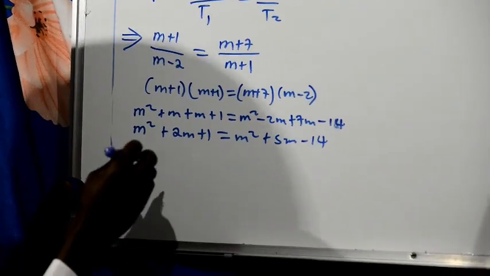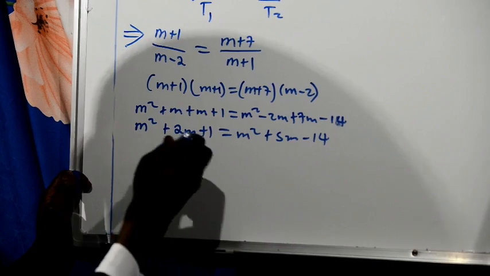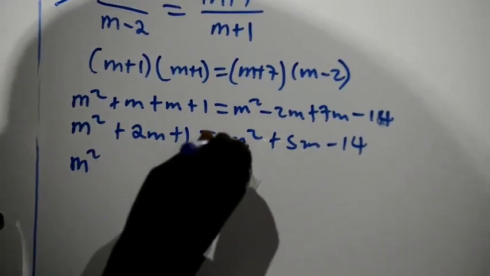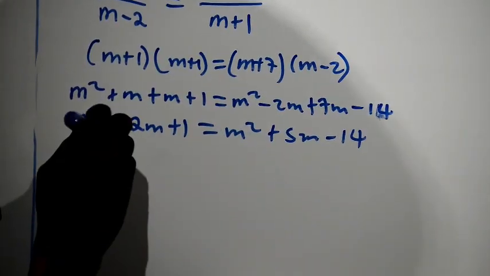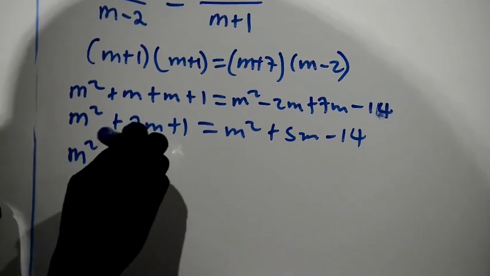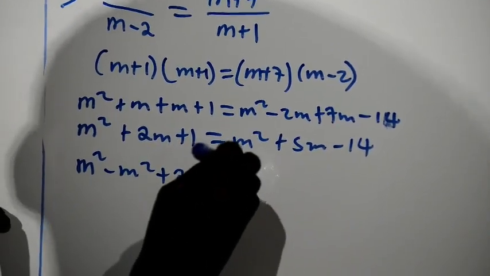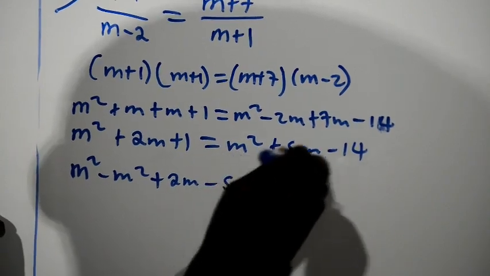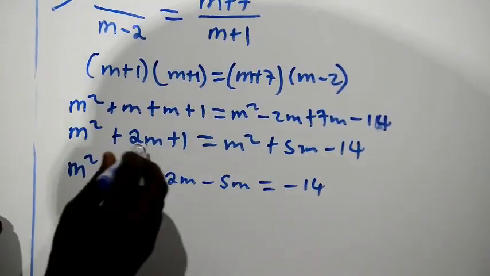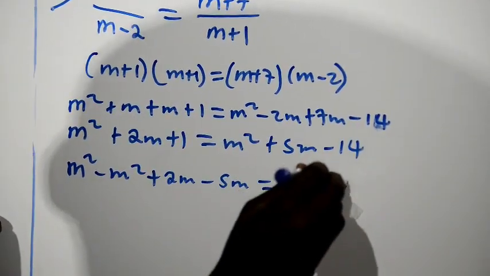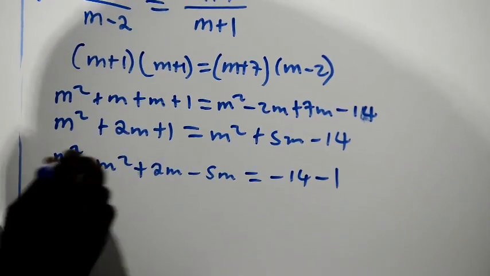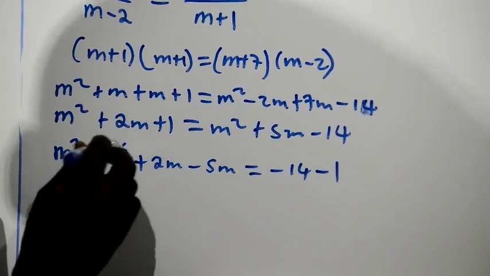So from there, we bring the terms to this side. m squared will go with this one. When it comes this side, it will be negative m squared plus 2m, and this one negative 5m, is equal to negative 14. This one, when it comes this side, will be minus 1. So m squared minus m squared, that is 0, cancelled.